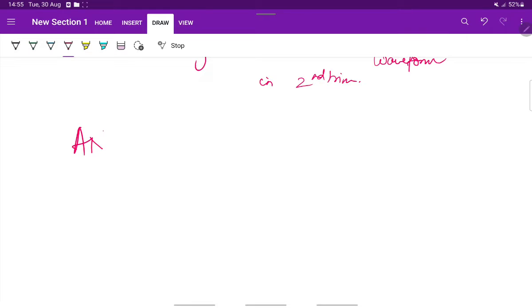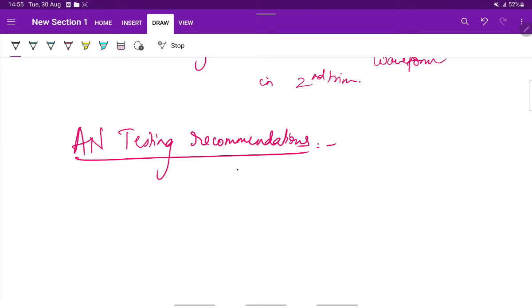The antenatal testing recommendations. So, the different tests are evaluated based on the clinical situation. A single test cannot be said to be the most significant or the most gold standard test.